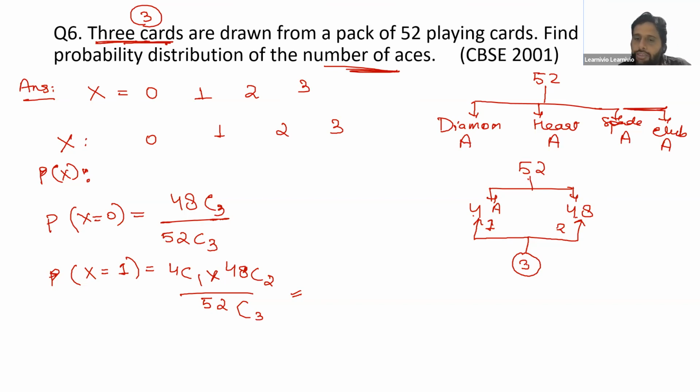If you have to draw 3 cards and you need only one ace, then one ace will be drawn from the four, and the remaining 2 cards we will select from 48. So 4C1 into 48C2. Why? Because you have 4 aces, and from those 4 aces you need a single ace. And why are we selecting these 2 from 48? Because 48 are the non-ace cards. So 48C2 by total. Total is always 52C3. Is it clear, Umair?